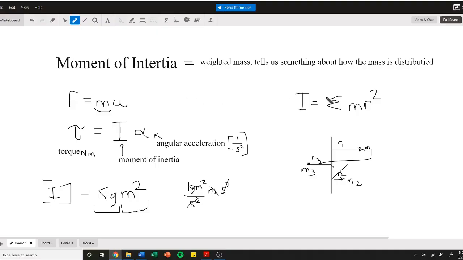So what these two examples are doing is they're the same mass. They're not adding any mass, but they're decreasing the radius of that mass. So by decreasing the radius of the mass, and it's squared, so it matters a lot, the moment of inertia is decreasing.